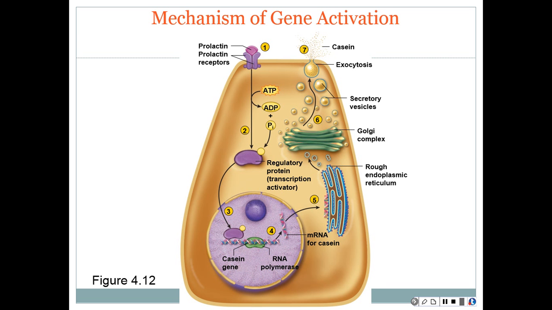Now the Golgi apparatus, or the Golgi complex, is going to package these caseins into secretory vesicles, and these vesicles are going to release the casein outside of the cell. Here, outside the cell, it becomes part of breast milk, released through the process of exocytosis.